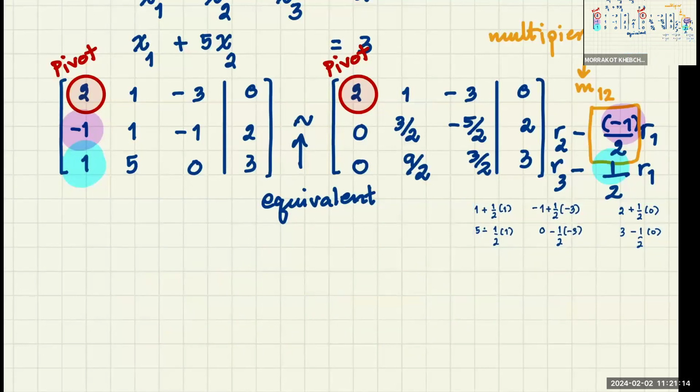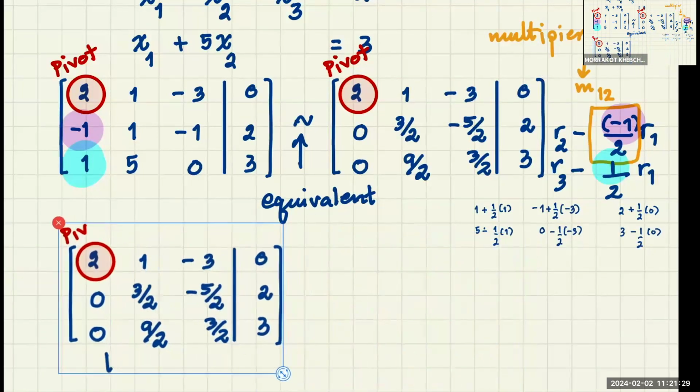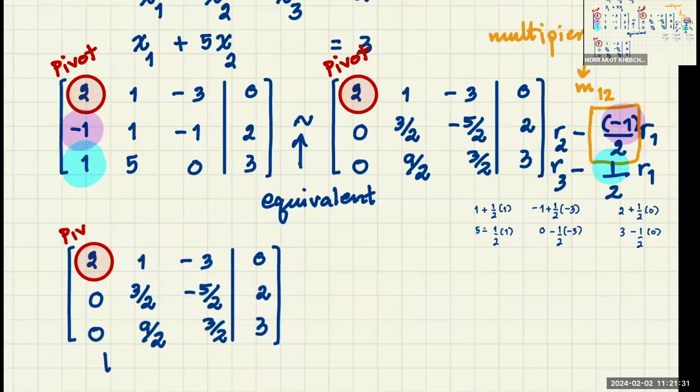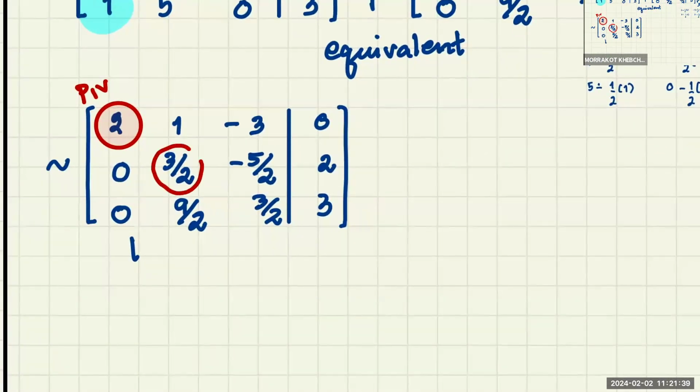Now I have this matrix. When we have this, we will mark this as the pivot element. Our matrix will be reduced to one size lower.